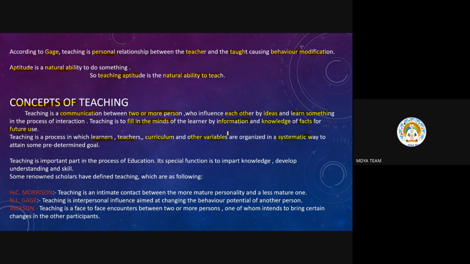So teaching is a process in which learner, teacher, curriculum, and other variables are organized in a systematic way to attain some predetermined goal. This is important: predetermined goal. Teaching is always associated with some predetermined goal. If I am teaching you, before starting the class there must be something in my mind, like today I have to complete this topic.